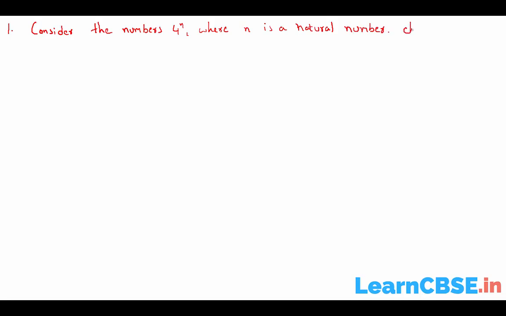Check whether there is any value of n for which 4 power n ends with the digit 0.